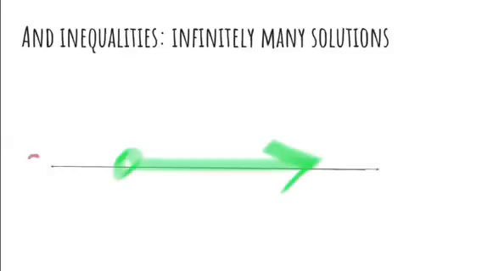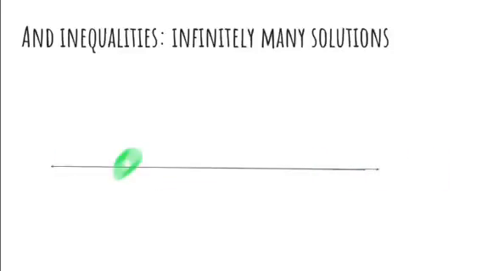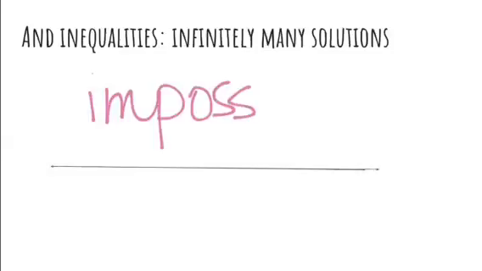Maybe I've got this going in the same direction. Well, I still only have an overlap then from here on. So that is not infinitely many solutions. Since inequalities only go in one direction, it is impossible to have an AND inequality with infinitely many solutions.